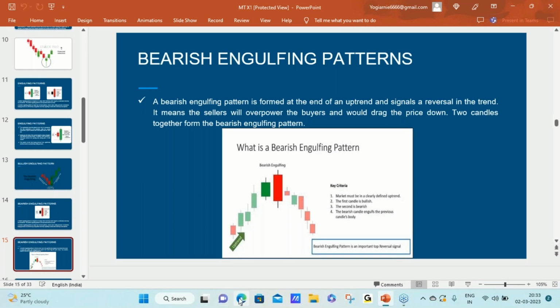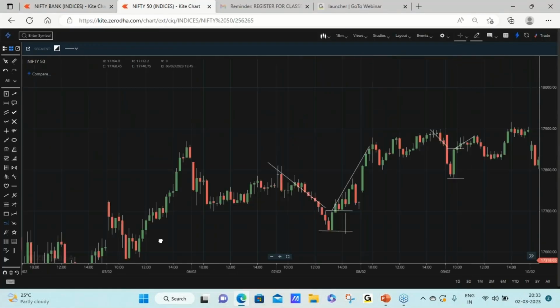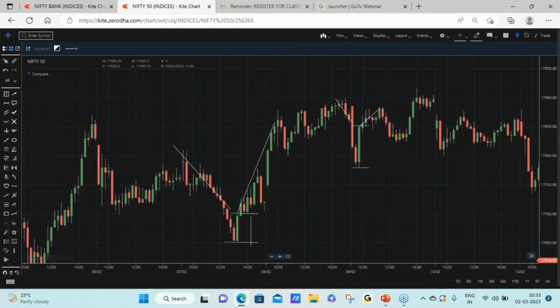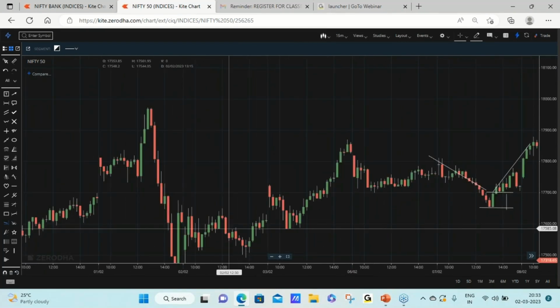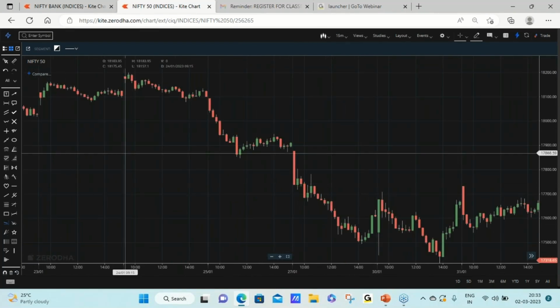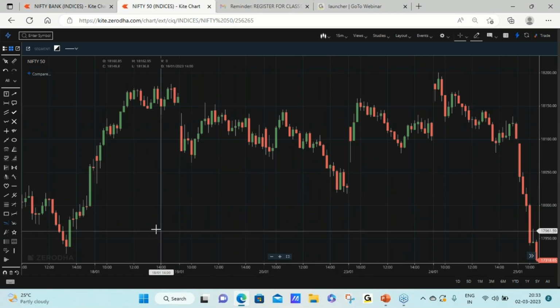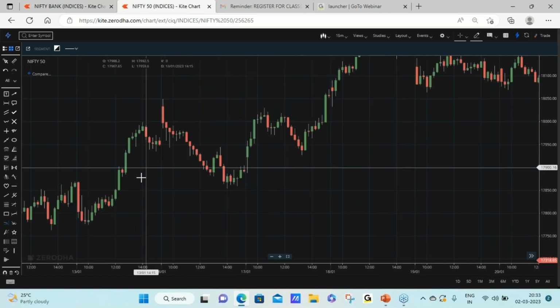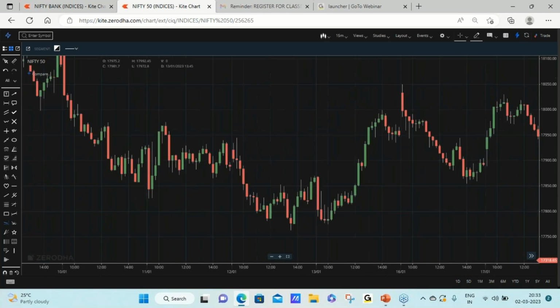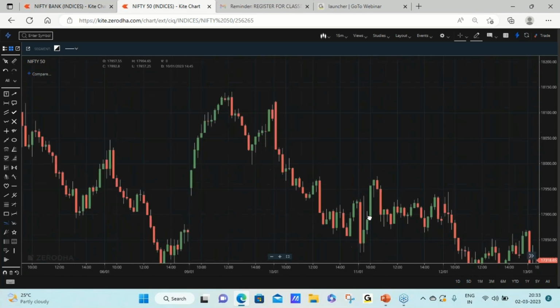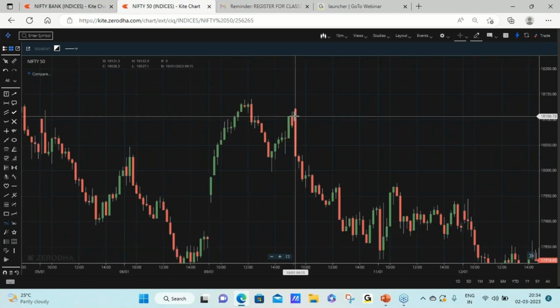Yes. So let's look at the examples for the same in Nifty 50. Then we'll shift to Bank Nifty. And I would appreciate if you guys can come up with as many examples as possible, because can I consider these two candles to be bearish engulfing?